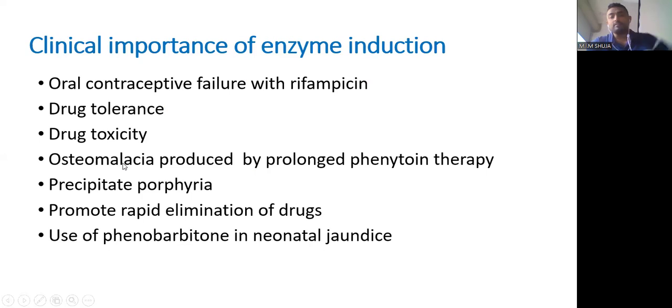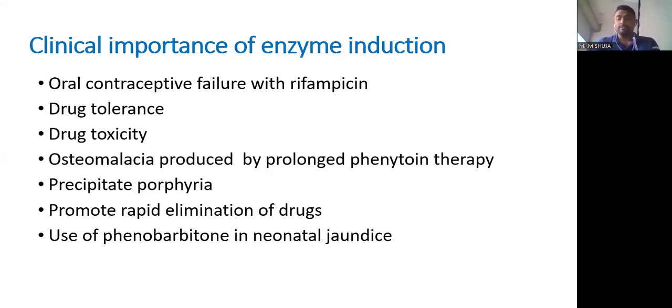Then the other thing is osteomalacia produced by prolonged phenytoin therapy. Phenytoin again is an enzyme inducer. What phenytoin does is it activates the enzyme responsible for the metabolism of vitamin D, calcitriol. Vitamin D is needed for calcium reabsorption in the gut.